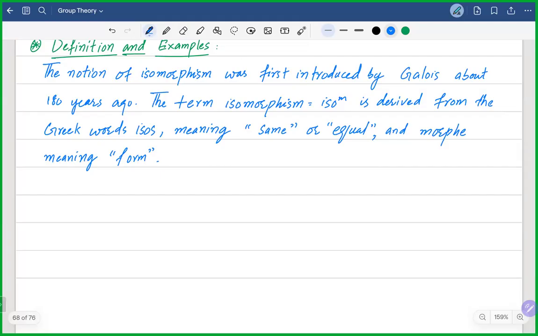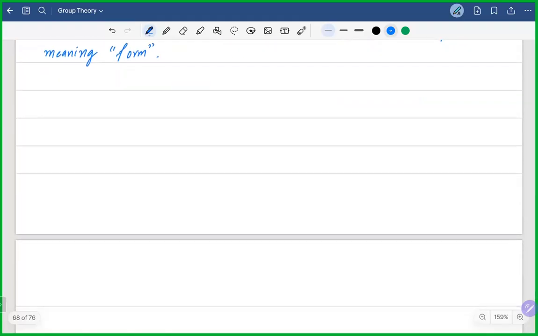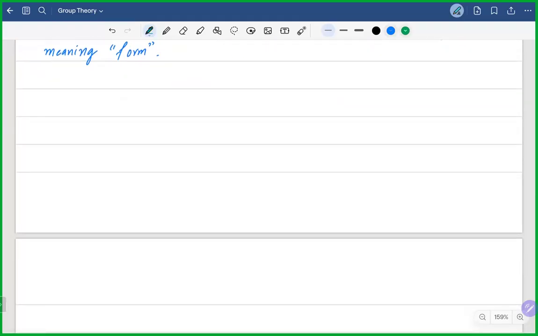Now, Alan Bay has colorfully defined an algebraist as a person who can't tell the difference between isomorphic systems. Okay. So let's give a proper definition, which is a definition of a group isomorphism.